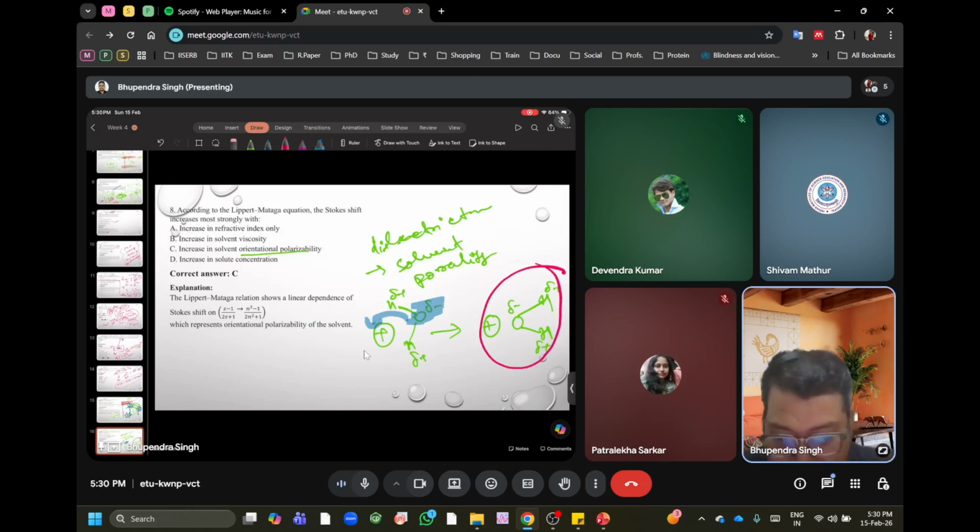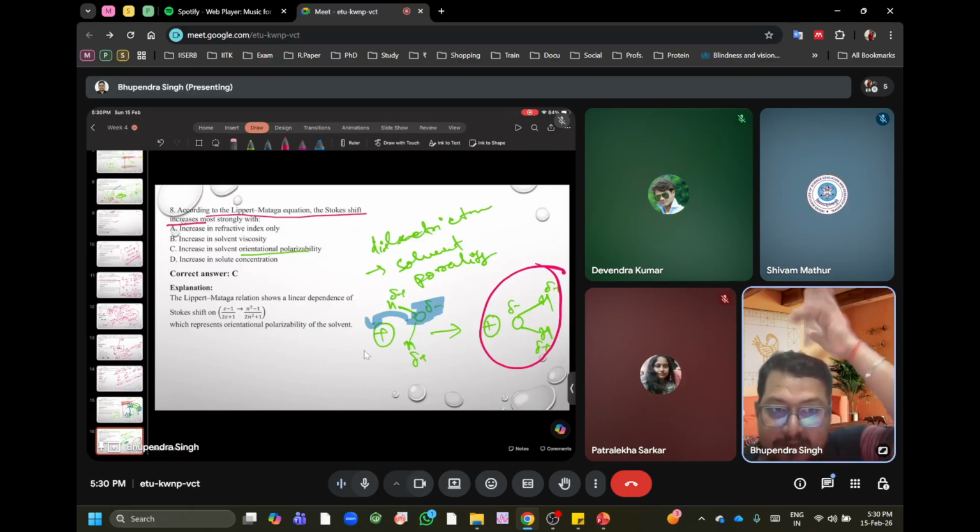So that is why, in the Lippert-Mataga equation, the Stokes shift depends on it. Basically, whatever I have shown you in TDFSS, what is happening? Solvent relaxation is happening. So that is why the Stokes shift is higher in this condition.